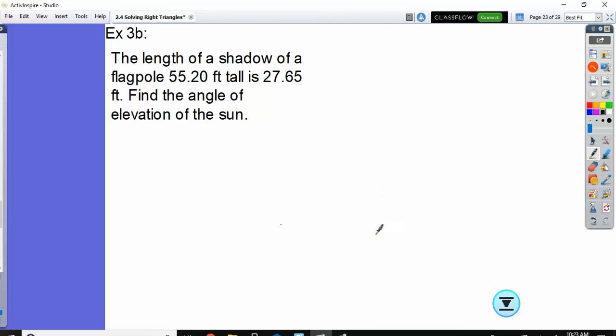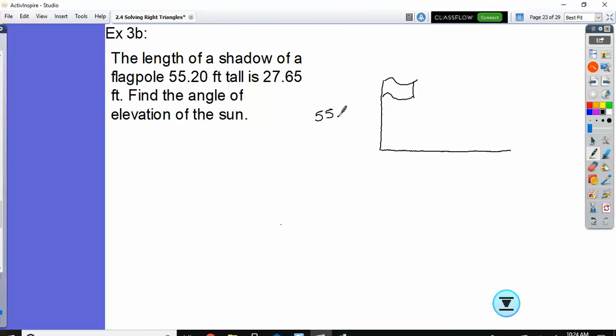So if I want to stop right here, I need to draw a flagpole. Okay, not supposed to be a trick question, but it always gets people. Where's the shadow go? On the ground, yeah. People always want to label that as the hypotenuse for some reason. So, your shadow's on the ground. Alright, the length of the shadow of a flagpole, 55.20.